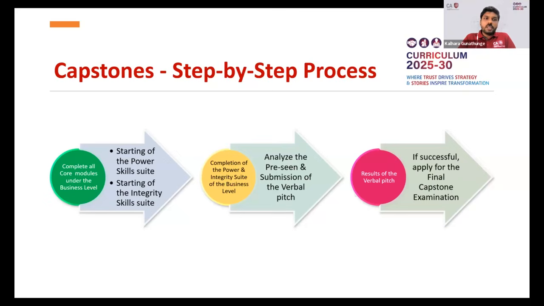As the first step, you have to complete all those core modules to become eligible for the capstone module. I think you have now completed the first step by completing all the core modules, and you have all got access to the power and integrity skill suite.